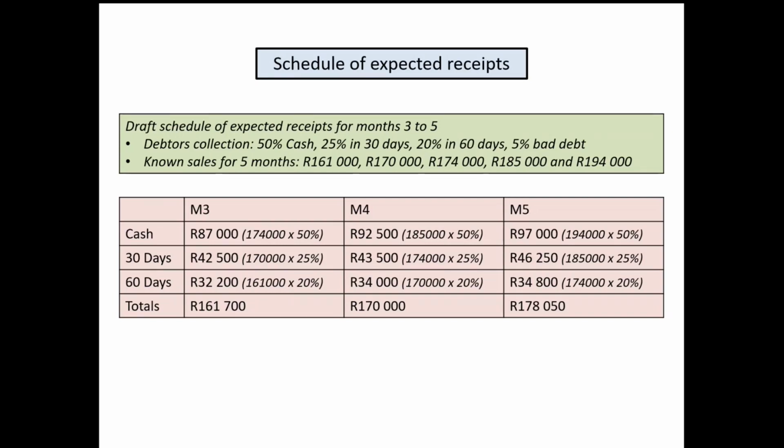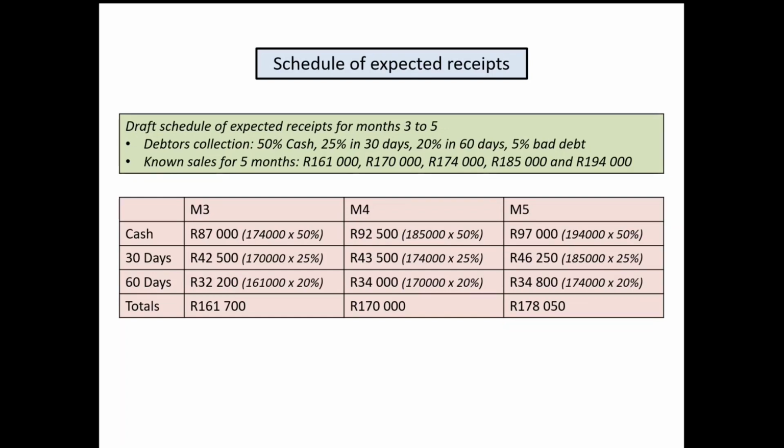If you look at month 5, then you say, okay, my sales in month 5 is 194,000. 50% of that is in cash, so it's 97,000. In the previous month, it was 185. Let's multiply that with 25% or divide it by 4 and get to 46,250.